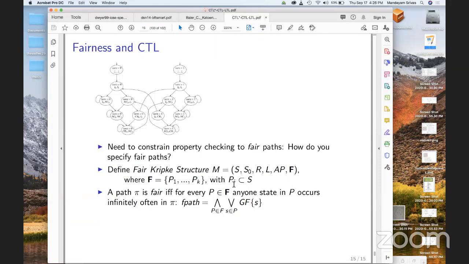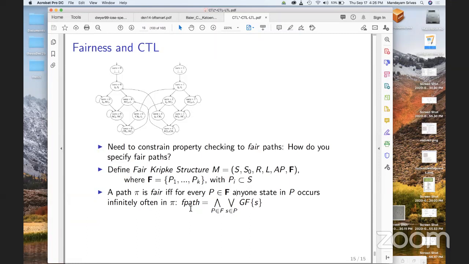So by restricting yourself to those kinds of states that represent desired events, you can enforce the fairness.